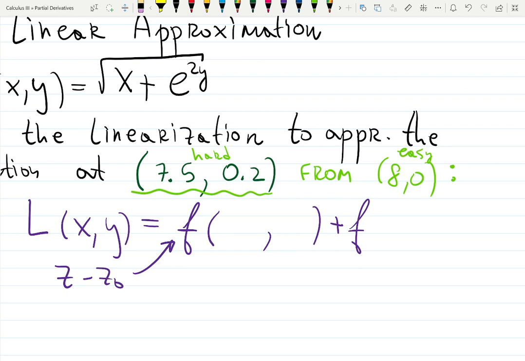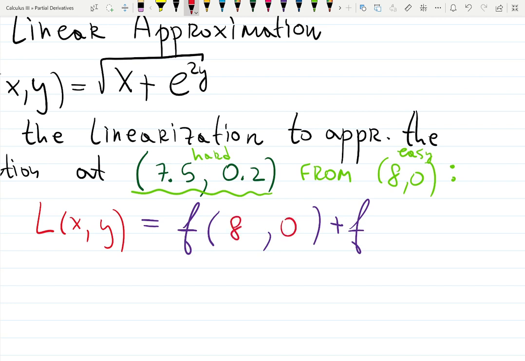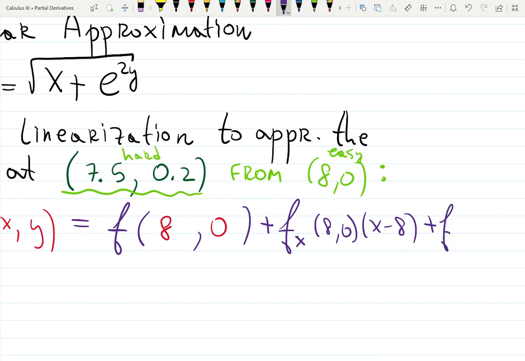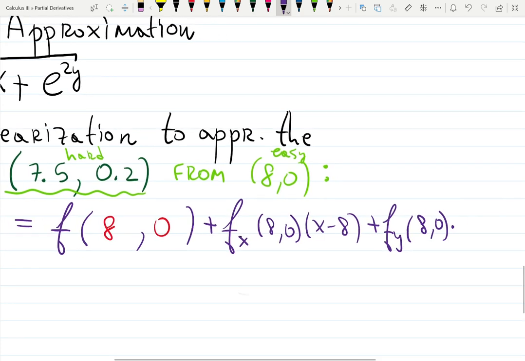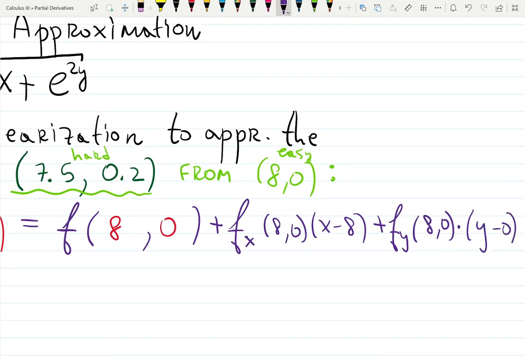So, we are going to find a tangent plane first. Let's do it like so. L of x, y, and we're going to find f of 8 and 0 instead. Plus, and then everything else is the same. Partial derivative at 8 and 0 times x minus 8, so that's already given, plus partial derivative at 8 and 0 times y minus 0, which is just y.